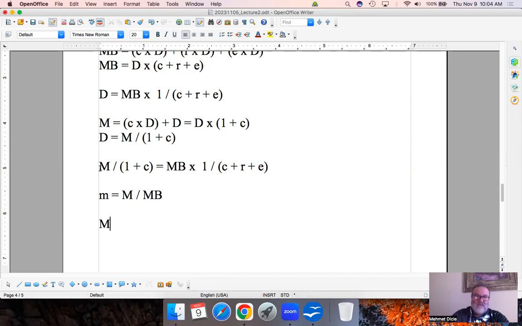So this equation will be money over monetary base, which is actually the money multiplier, which is 1 plus the currency ratio divided by the currency ratio plus the required reserve ratio plus the excess reserve ratio.